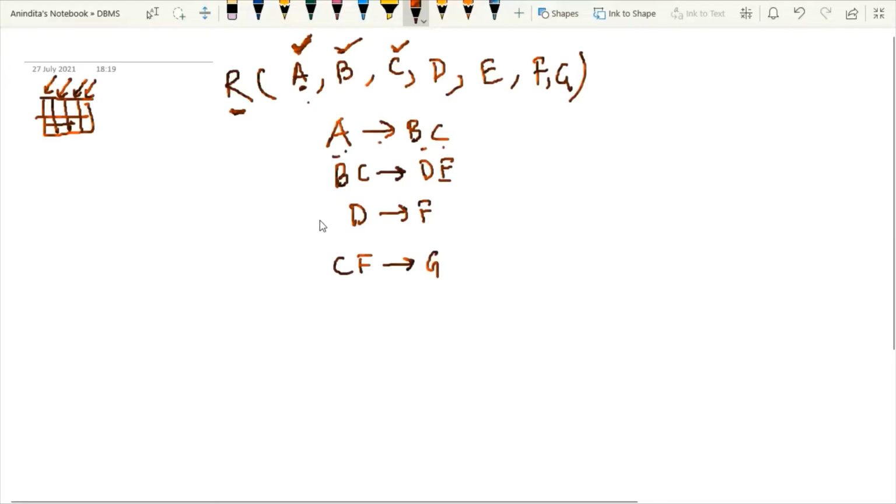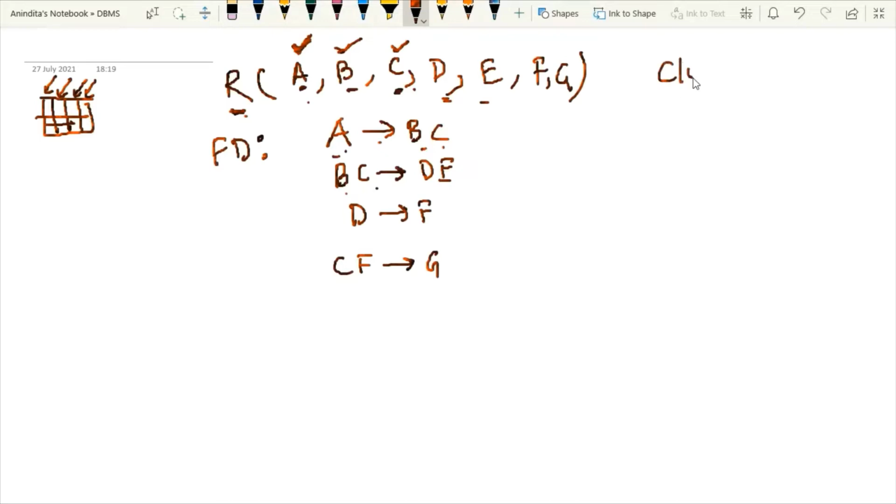So this is the meaning of functional dependency. Similarly, BC arrow DE means if I know the value of B and C attributes, then I can search for the attributes D and E. This is the concept. So this is the given problem. So we have the table, attribute information, and we have some set of functional dependencies. Now what is our objective?